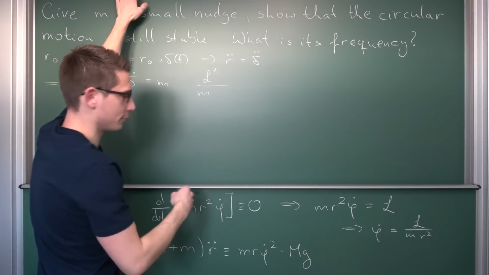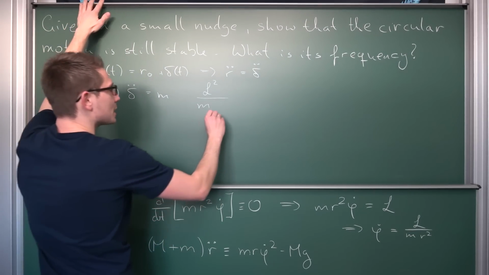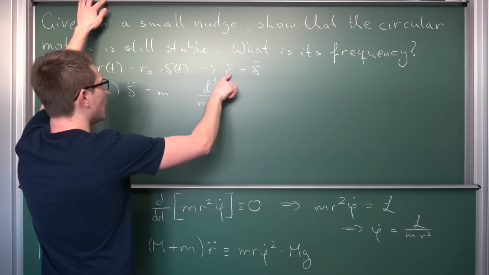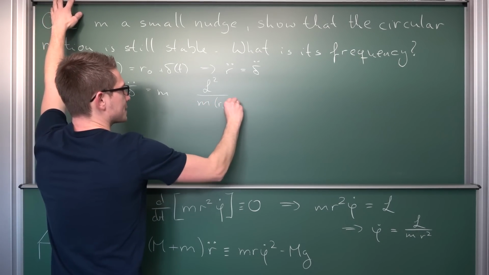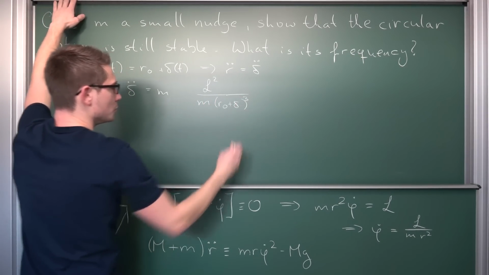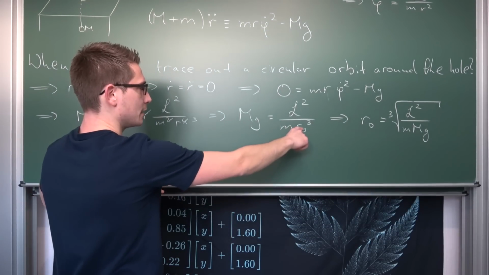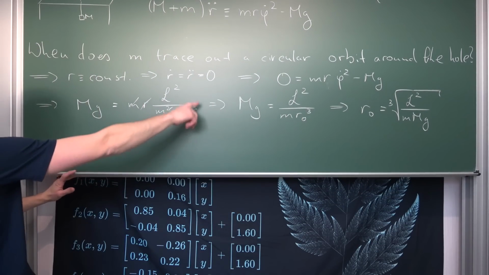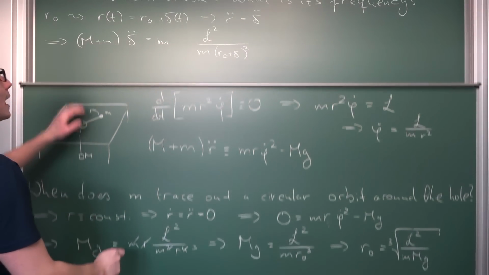I have to think about everything. I haven't done this in a while. Meaning our r is nothing but r naught plus delta, but all of this to the third power. After all, if we take a look at basically what we have here, this is just this reformulation, and this is basically it.